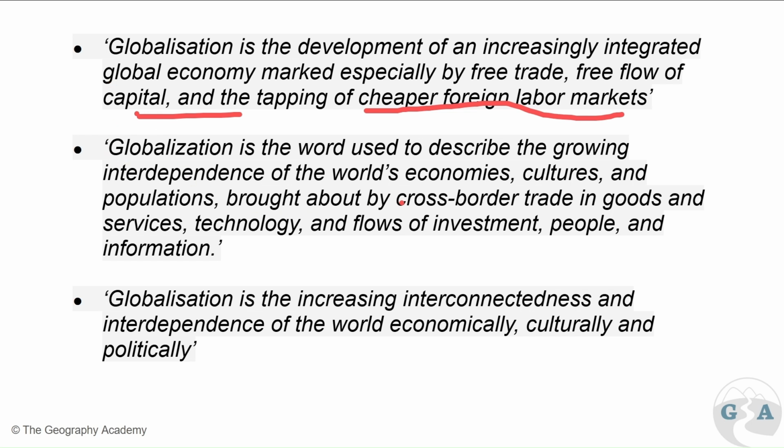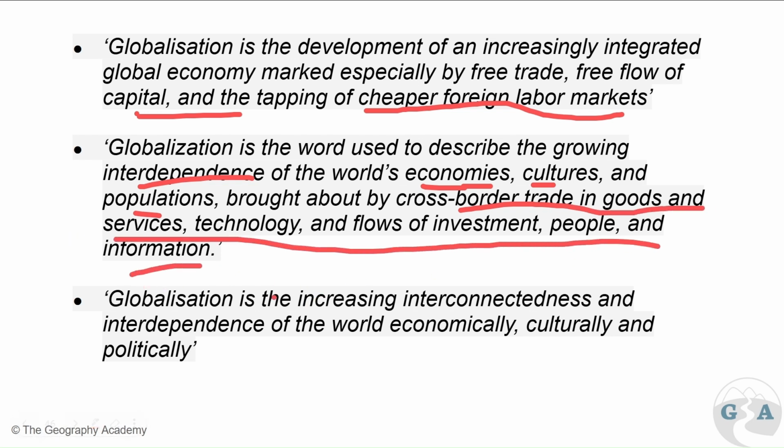For globalization, it opened up a little bit more that it is the interdependence, the growing interdependence of the economies, but also cultures and populations as well, cross-border trade in goods and services, and flows of investment and people and information. And when it grew again, this basically could be condensed down to interconnectedness and interdependentness of the world economically, culturally, and politically, which it is kind of today.